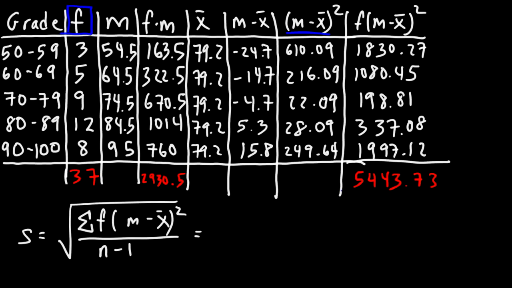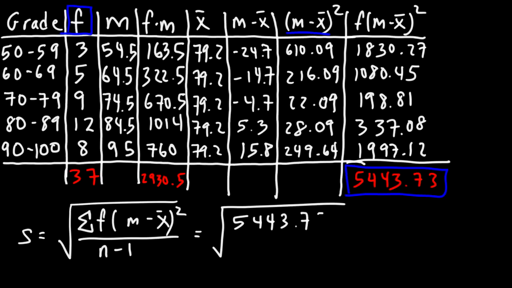So this number represents everything that you see here. So we're going to replace this term with 5,443.73. N is this number, 37. So we have n minus 1, or 37 minus 1.